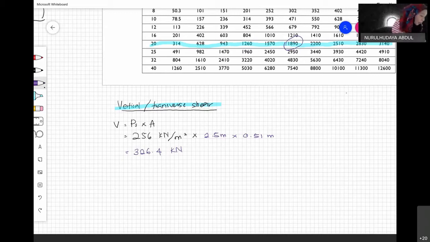And then we need to find the shear stress, which is shear force divided by BD as usual. You just use whatever you have here.